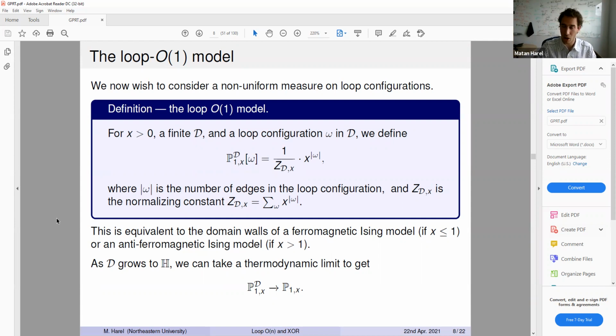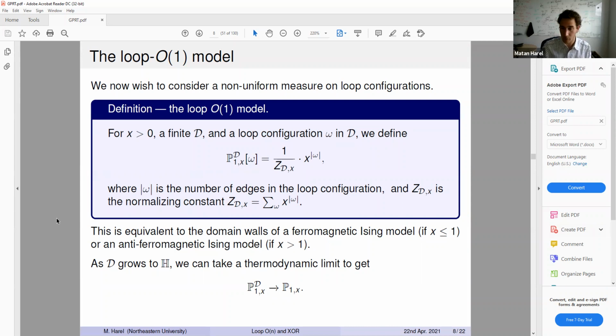It's almost shocking how difficult dealing with these limits is, especially in the case of the loop O1 model, because of the following incredibly aggravating fact. As x gets smaller, it makes a lot of sense that the loop configurations get smaller, right? If I punish an edge for being there, you imagine smaller x, fewer loops.